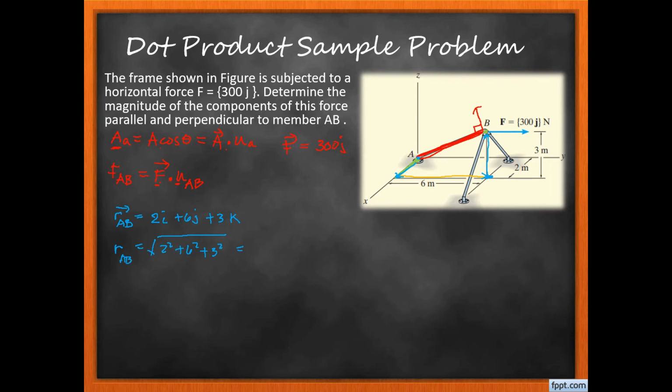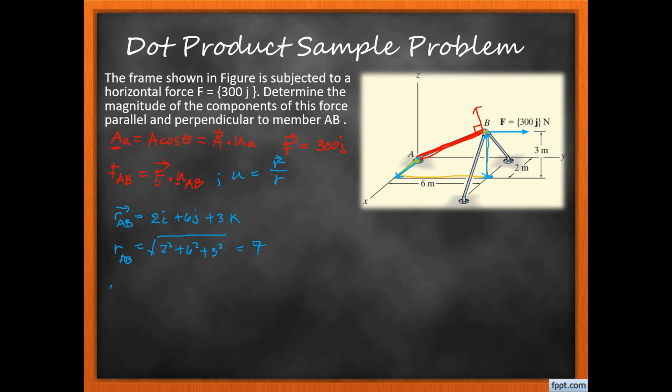Kinuha natin to para makakuha tayo ng unit vector, kasi alam natin yung unit vector is equals to position vector in Cartesian vector form divided by position vector in the scalar form. So ito yung in scalar form natin. So meron tayong square root of 2 square plus 6 square plus 3 square. So meron tayong position vector na 7.